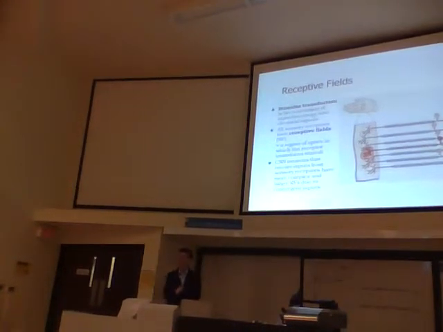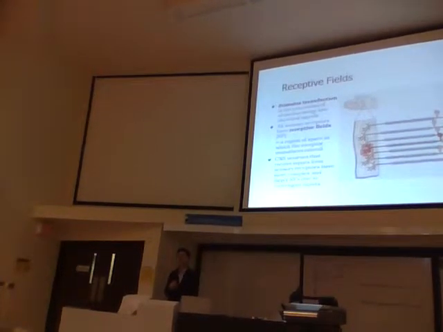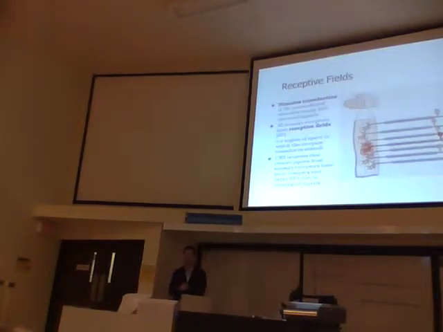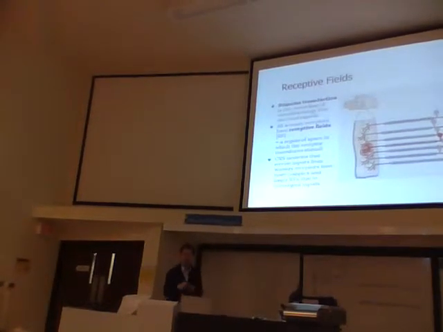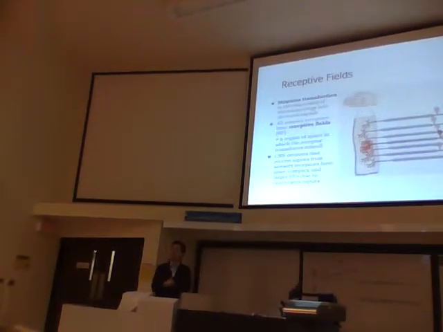So in this cartoon, you have multiple receptors and their axons shooting towards the spinal cord. These multiple receptors have partially overlapping receptor fields in a tiny patch of skin on the surface of your hand.